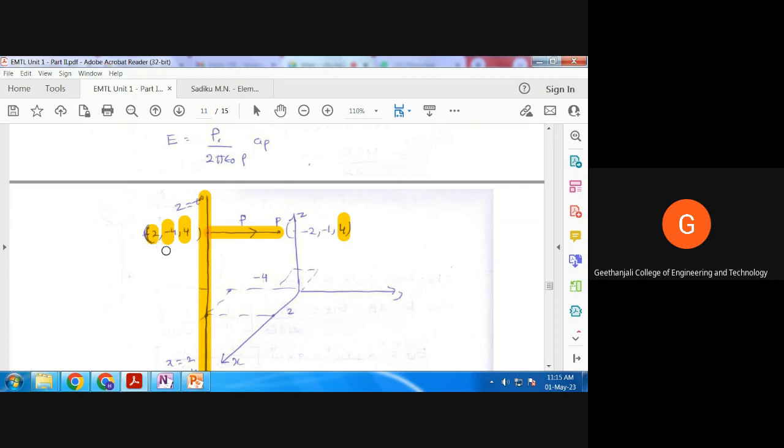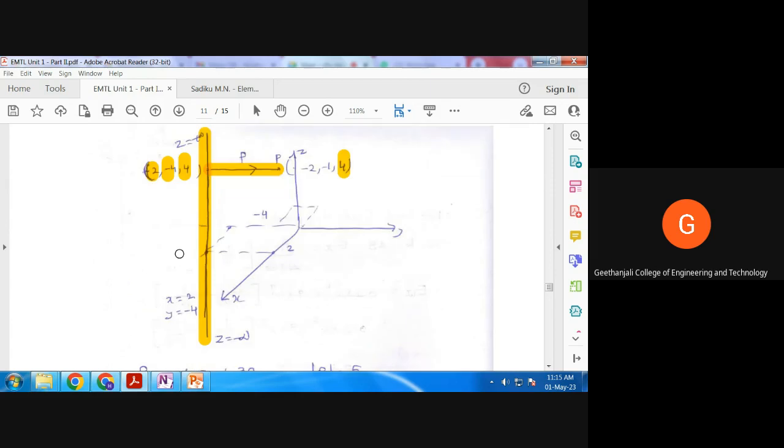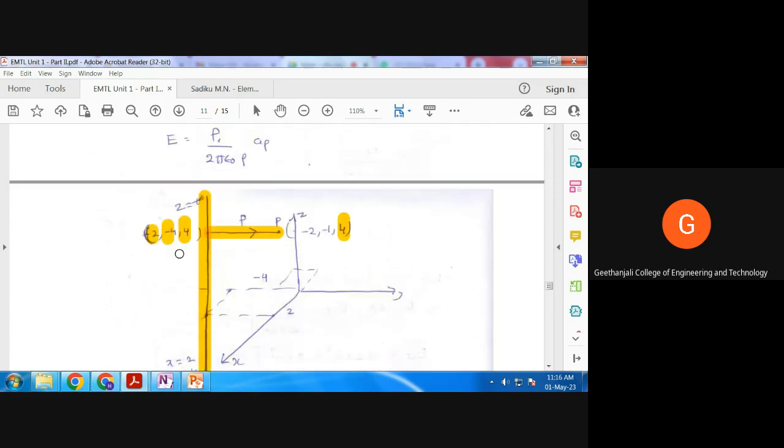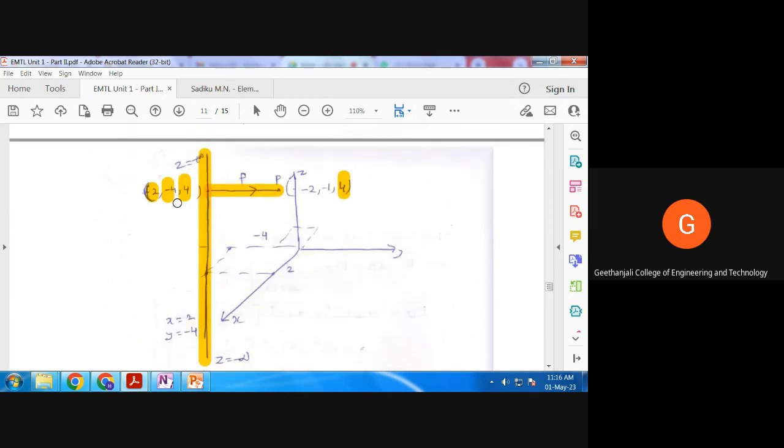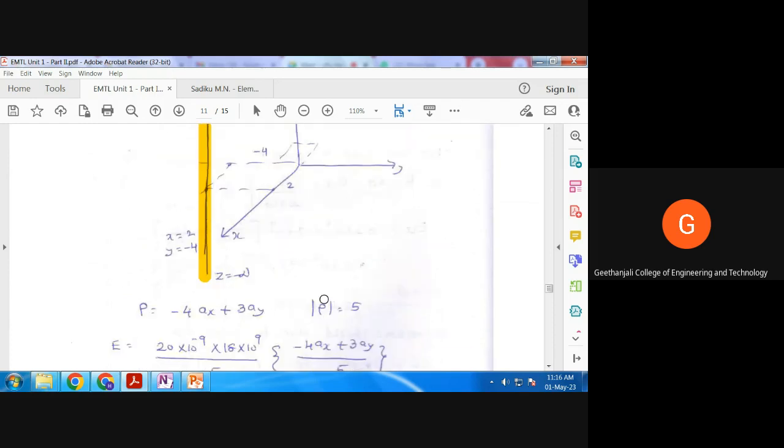So once we know the coordinates of this point as 2, minus 4 and 4, rho is equal to minus 2 minus 2, so minus 4 ax, plus minus 1 plus 4, so plus 3 ay. Then the magnitude is 5.